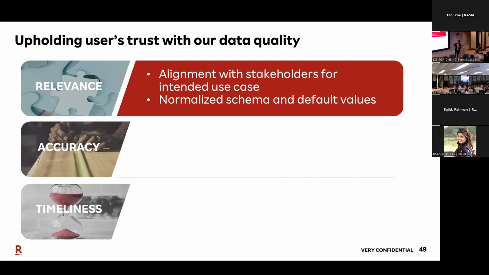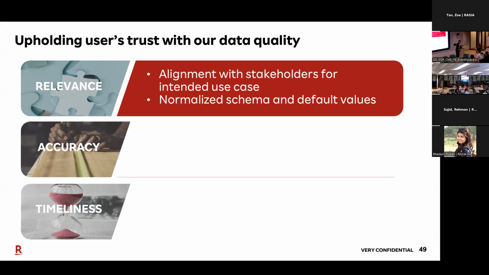Some of the discussion points would be: what would be the data type? Under certain scenarios, would it take a certain value? What would be the default value, the null values? Would it impact other existing fields, and so on and so forth? This helps us to achieve a normalized, standardized schema.